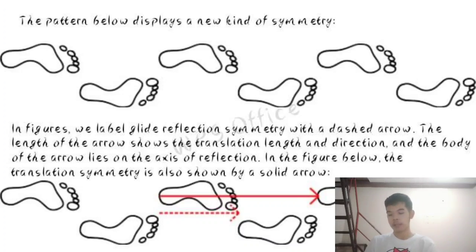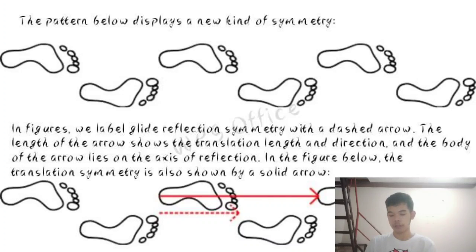So it has the translation symmetry common to all frieze patterns. The symmetry between the left footprint and the right footprint does not come from translation, nor is it due to a reflection, since the prints are not next to each other.